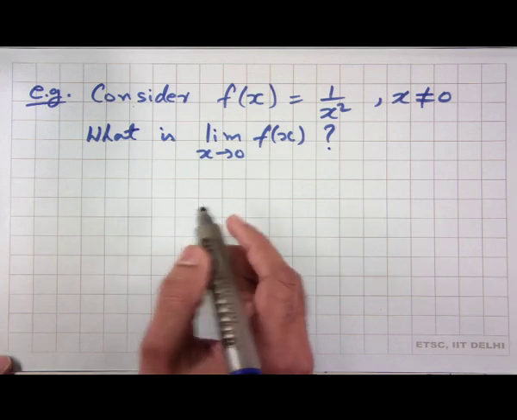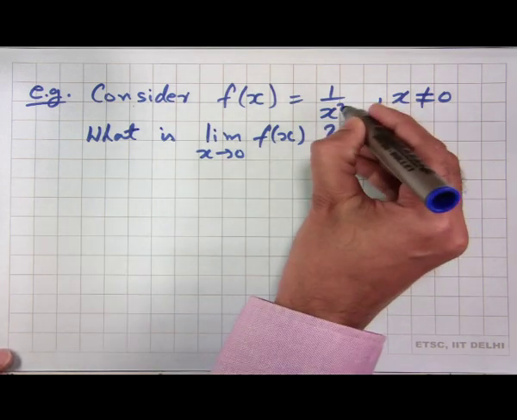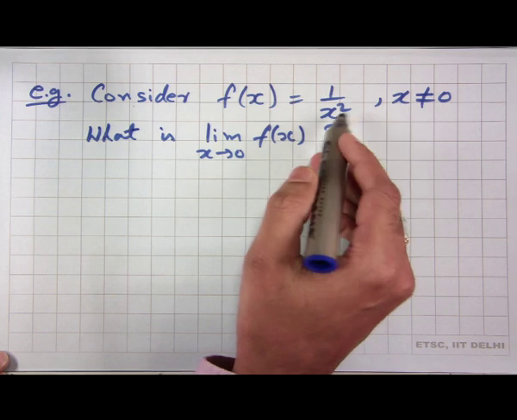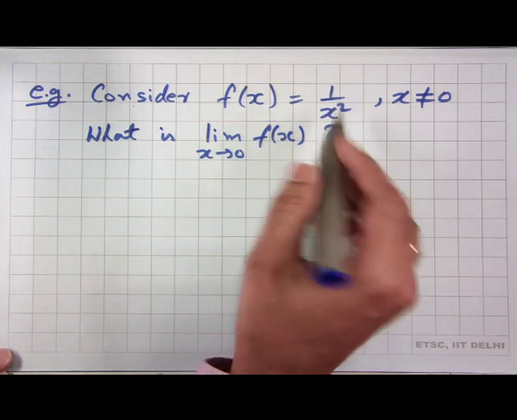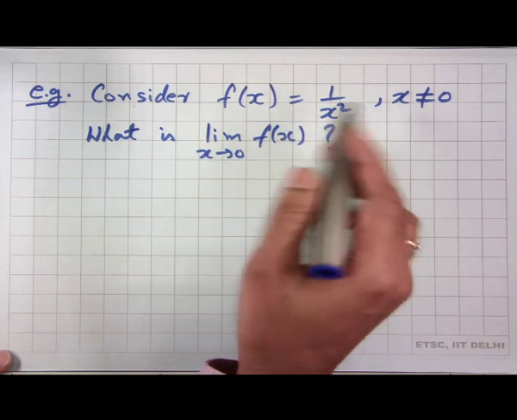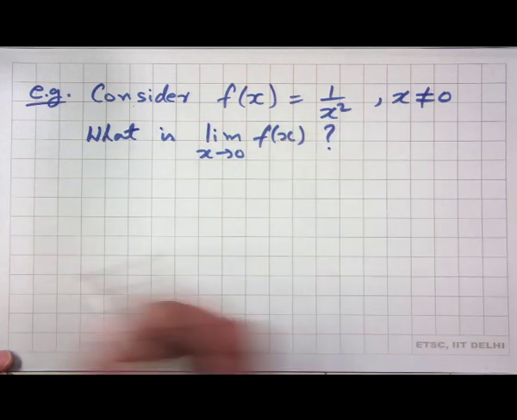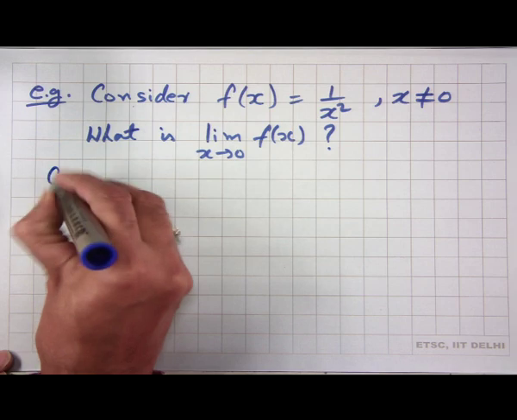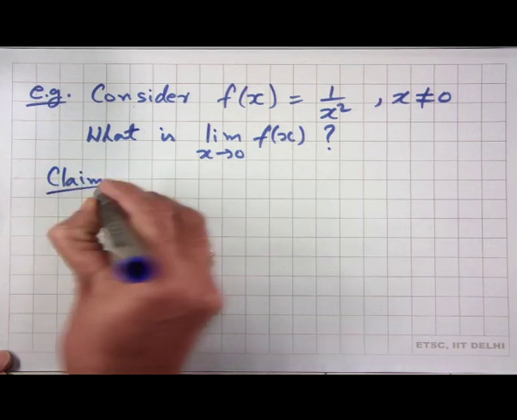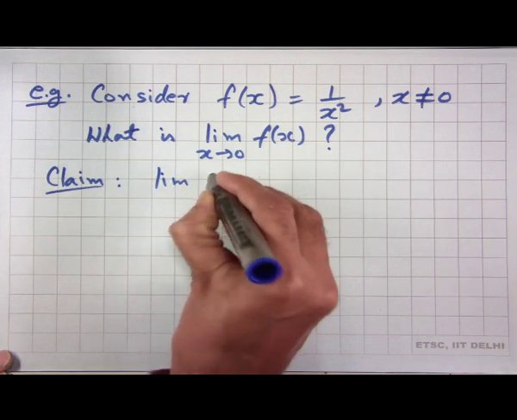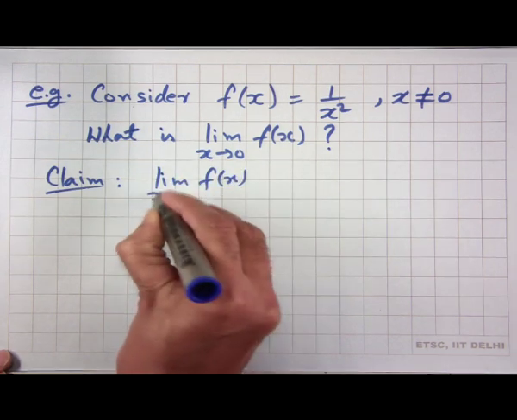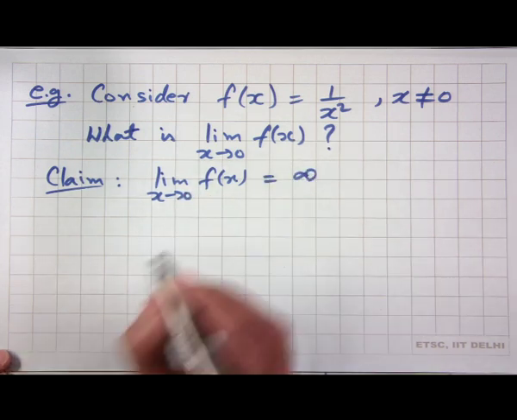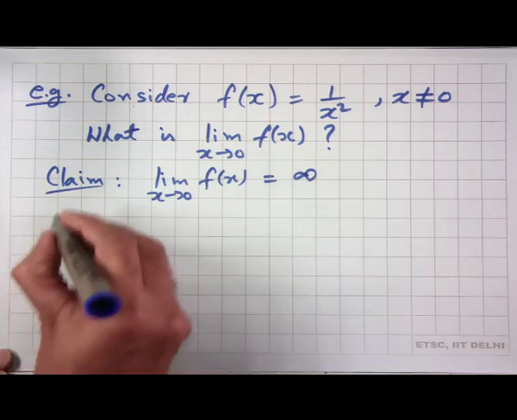What we see is that 1 by x square, if I take x to be a very small positive or negative real number, becomes a large positive real number. So, the claim is that the limit of f of x as x approaches 0 is equal to infinity, and we will prove it using our definition.